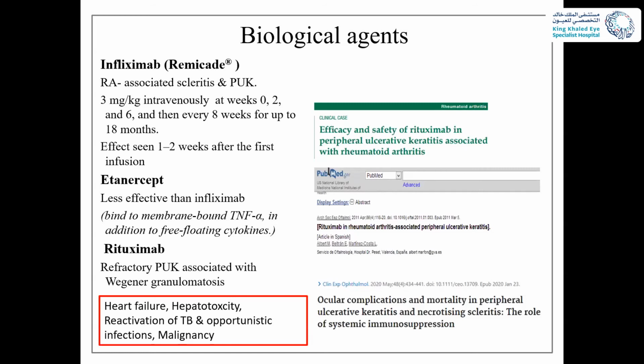Some physicians consider it first line in people who are relatively young and healthy, who do not have heart, liver, or renal disease, and are not at risk of reactivation of an indolent infection. Infliximab has been tried to treat rheumatoid arthritis associated scleritis and PUK, and the effect is seen within 1 to 2 weeks after the first dose. Etanercept is less effective than infliximab. Rituximab is used for refractory PUK associated with Wegener granulomatosis.